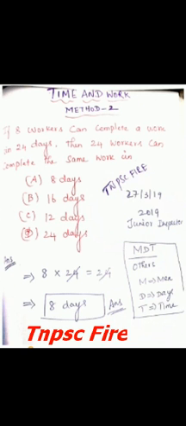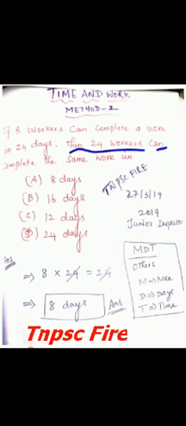In this first question, first of all I read the question. If 8 workers can complete a work in 24 days, then 24 workers can complete the same work in how many days? They ask how many days 24 workers take to complete the same work.